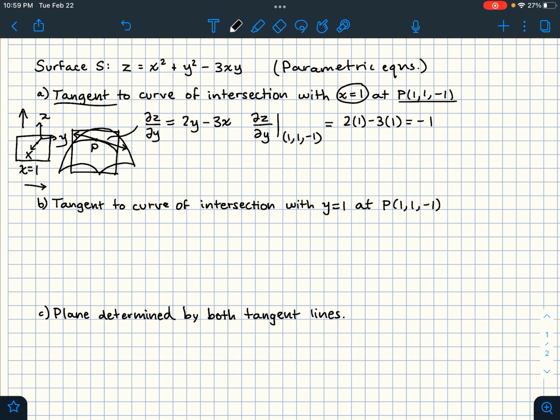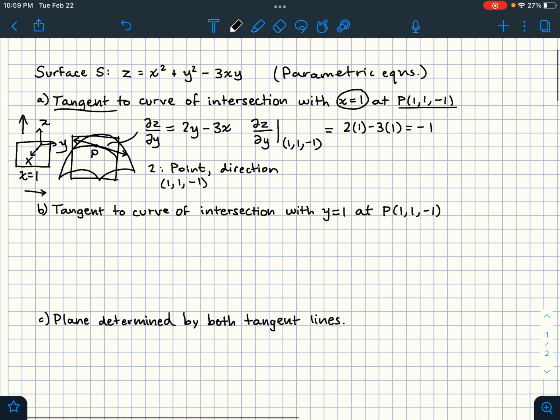So to do that, we need two things, right? We need our point and we need our direction. Our point we already know because it's given to us, and our direction we can get really easily from our slope.